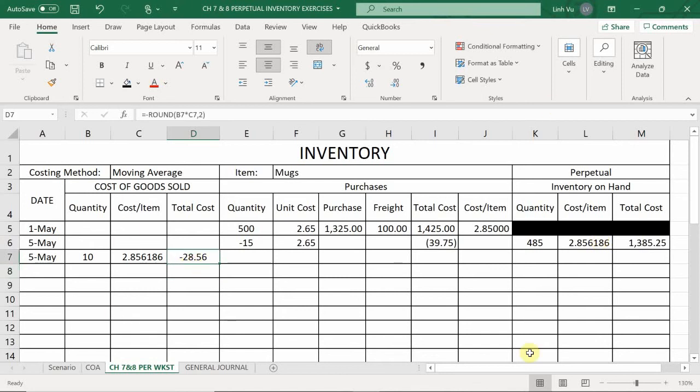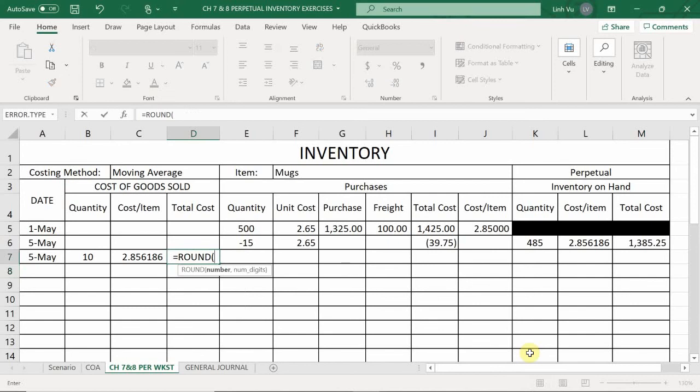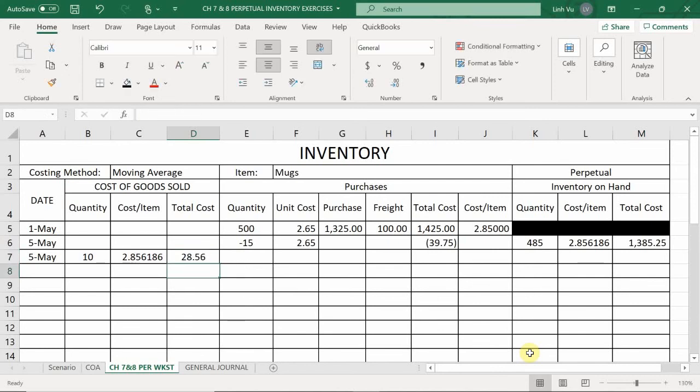Hold on, I don't know why I have a negative here. $28.56, okay?